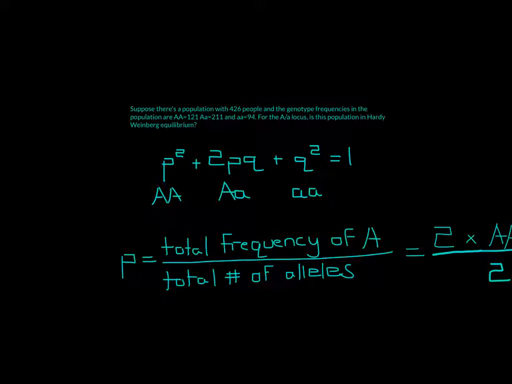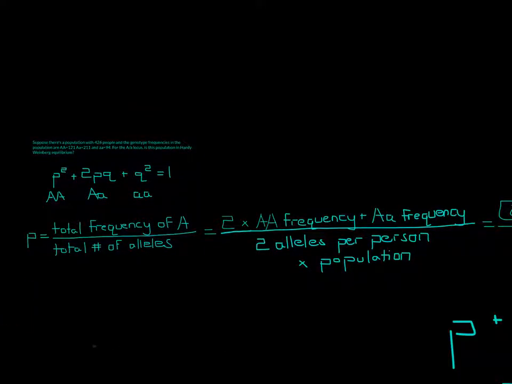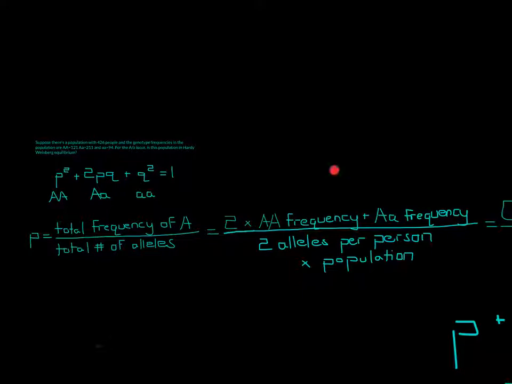And so we'd have the total frequency of A, which would just be 2 times the homozygous dominant frequency plus the heterozygous frequency, over, and so notice how we have to multiply the entire population, which is 426, by 2, because there's 2 alleles per person, and we're trying to find the frequency of the alleles, not the genotype. So we'd have to find the raw amount.